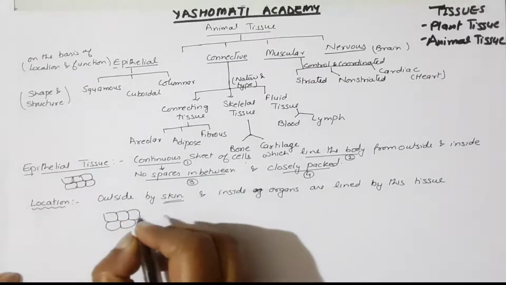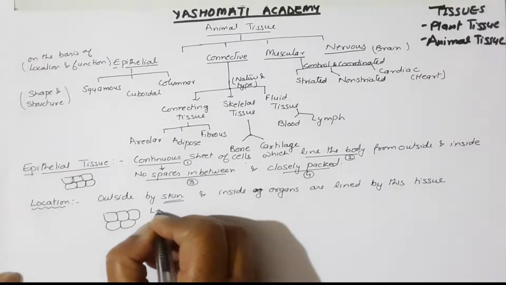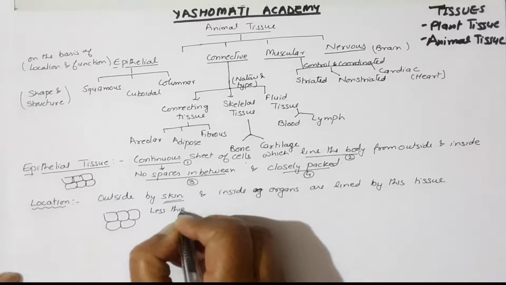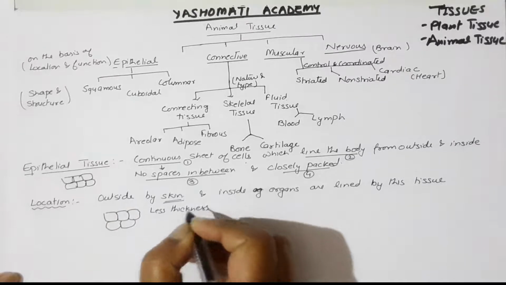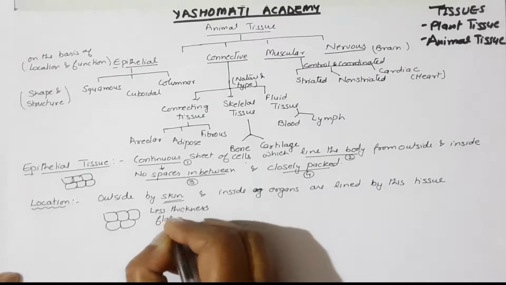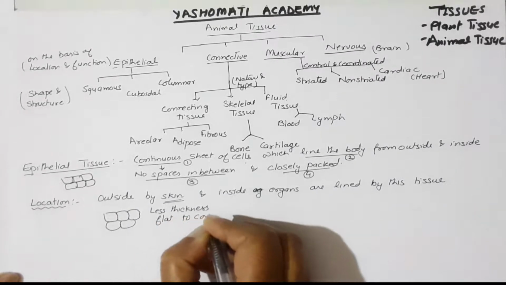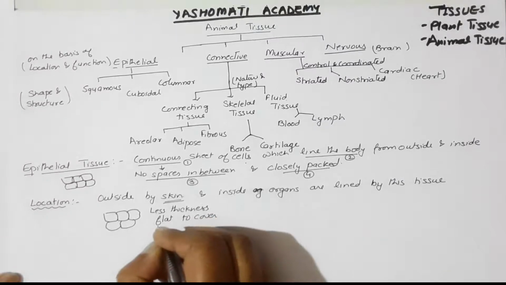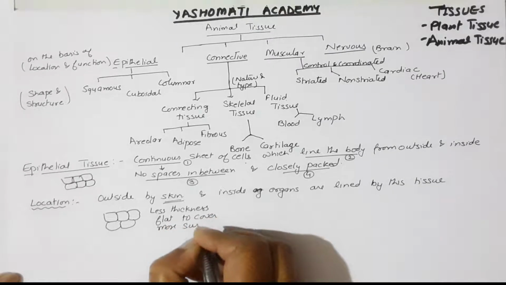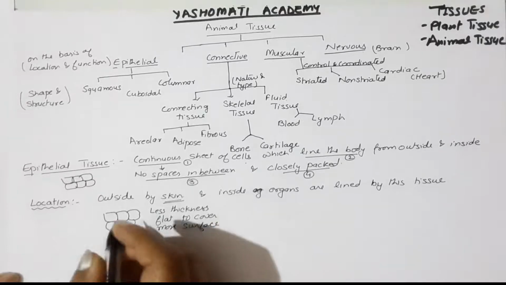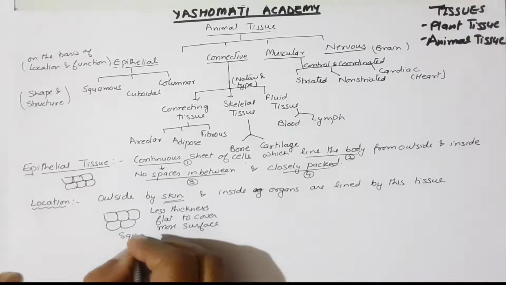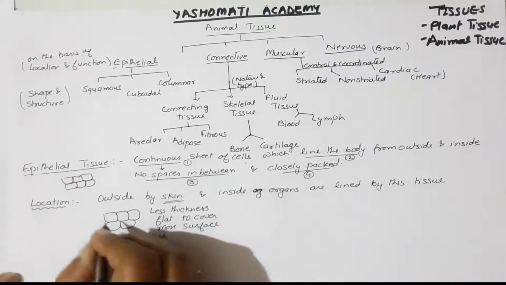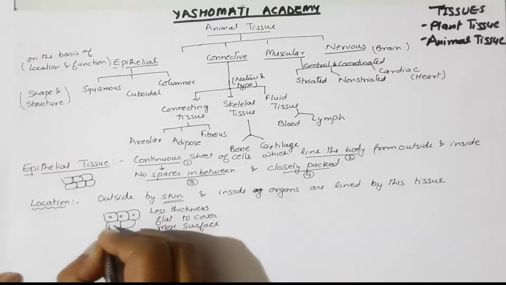This type of tissue, which has very little thickness and is flat to cover more surface, is called squamous. They have a nucleus, and they are filled with cytoplasm and all.